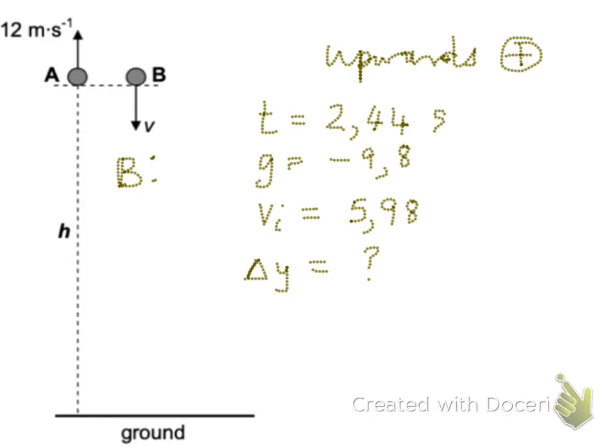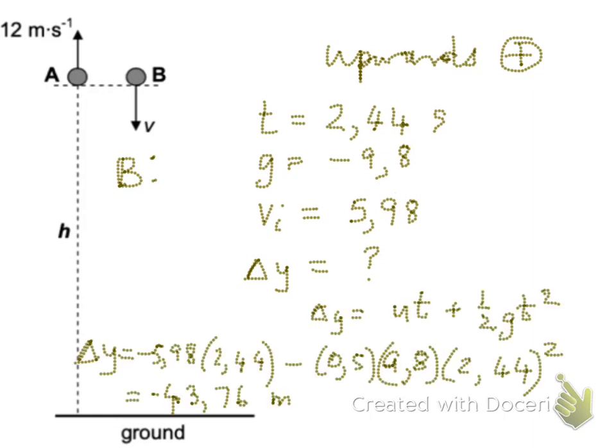Let's look at that. Okay, so we have our formula, delta y, that's what we need to get, is equal to Vi, the initial velocity multiplied by t plus a half g t squared.